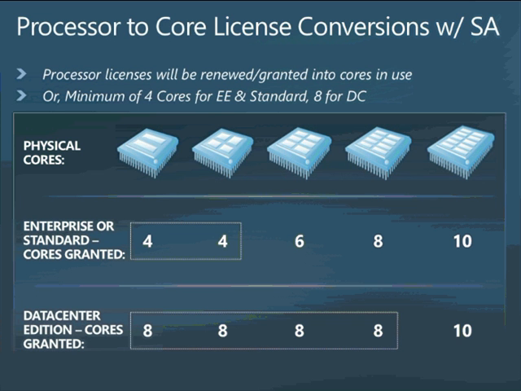For Enterprise or Standard Edition, if you've licensed SQL Server by processor, and you have 2-core processors, Microsoft will grant you a minimum of 4 cores per processor license that you're running, so that's what you get there. If you have 4-core processors, you will get 4 core licenses. And if you have 6, you'll get 6, 8, 8, 10, 10.